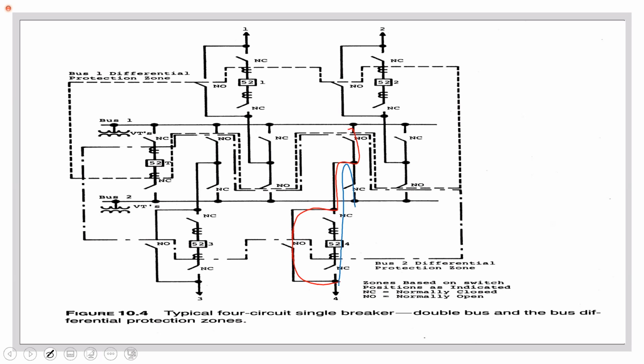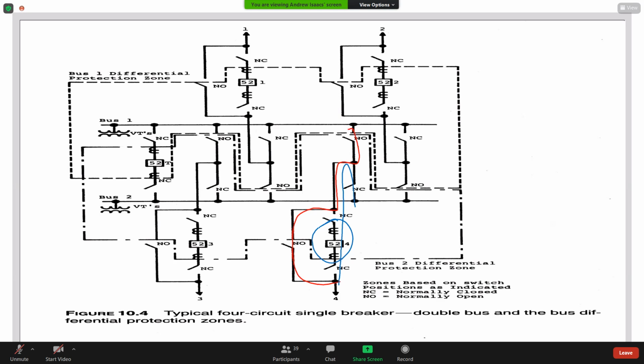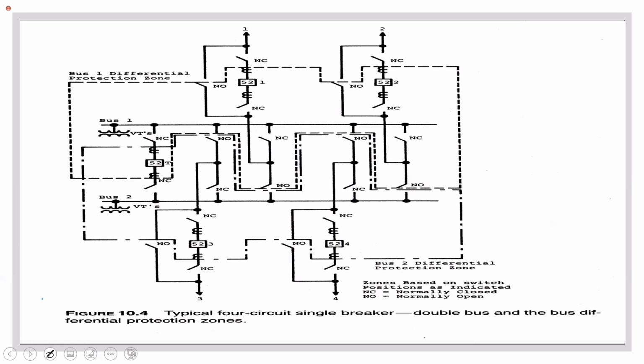But if I have to take out the breaker, I would have gone where you have the normally open. So 4, as it is now, under normal conditions, would have been supplied by bus 2. But in the event I need to supply from bus 1, then I have no problem.